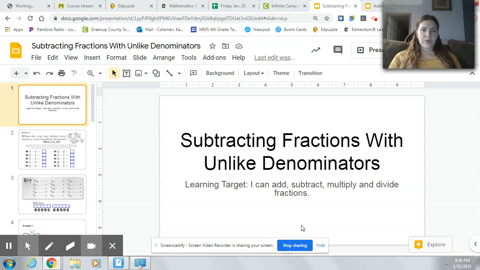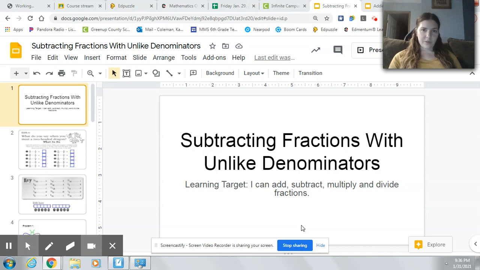A while back, before the end of the second 9 weeks, I started teaching you guys how to add and subtract fractions. You got to practice adding fractions with uncommon denominators using the butterfly method. Hopefully you guys liked the butterfly method.